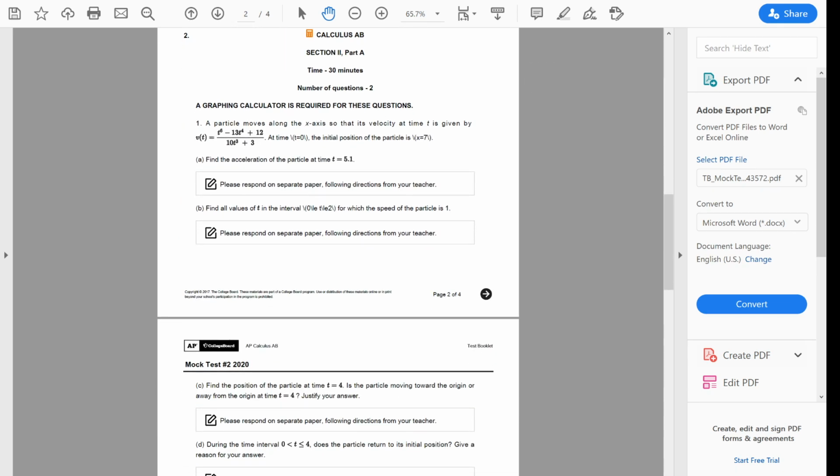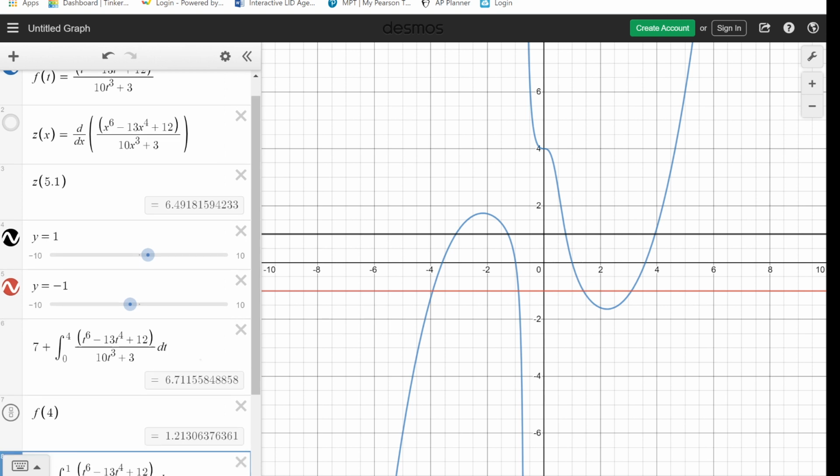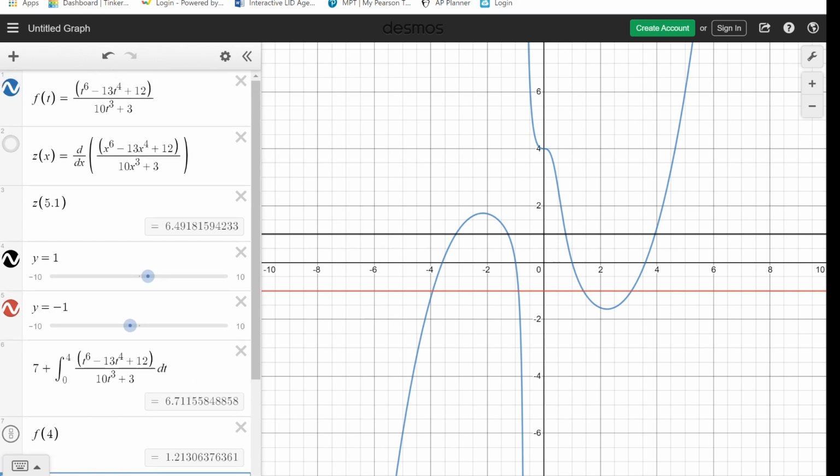Okay, for the next 2 questions, I'm going to be using a calculator a lot, and by a calculator I mean Desmos. So what I did for this was I just put this function in here. F of t equals blah blah blah, and then I just took its derivative in Desmos without doing any hand math.